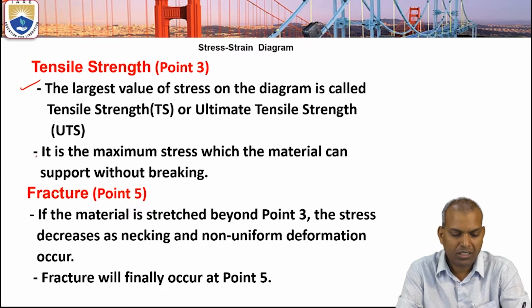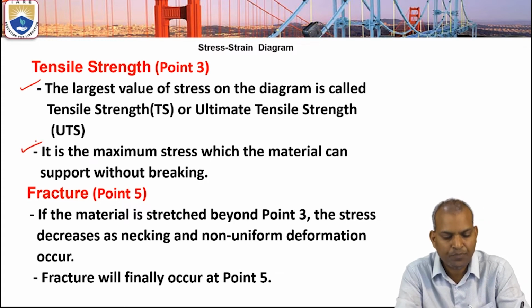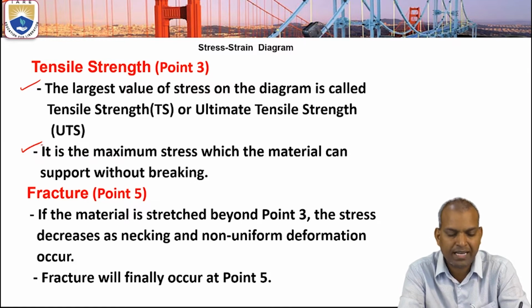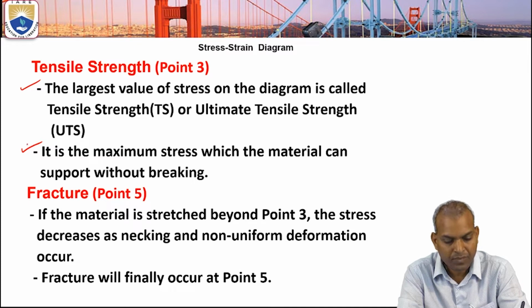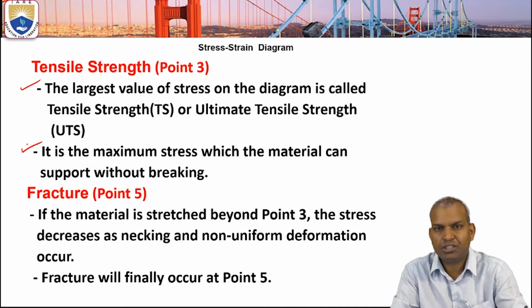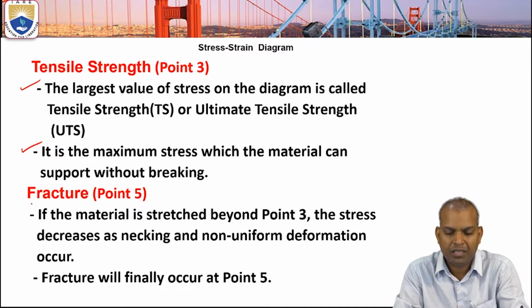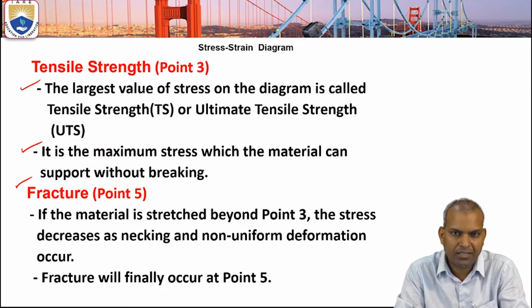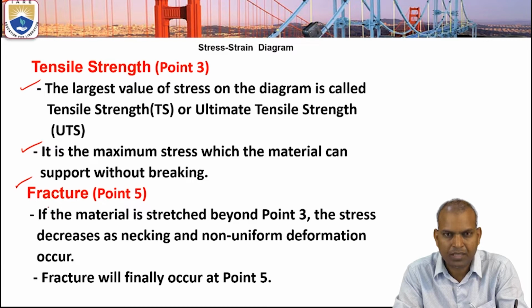Okay, and one more thing. This tensile strength, what is happening? It is the maximum value the material can withstand without breaking. Then what is the description of the fracture point 5? Here in this diagram, if the material is stretched further beyond point 3, the stress decreases.